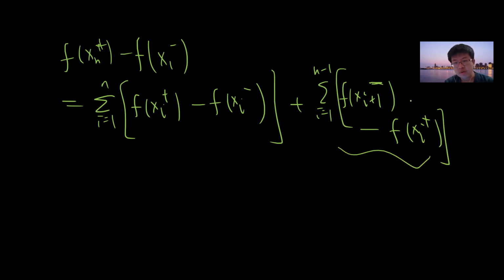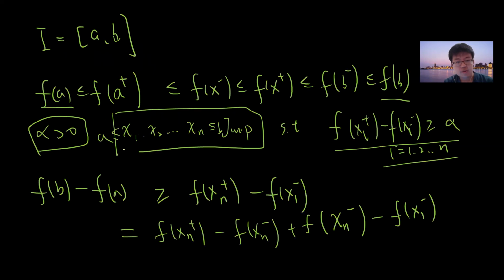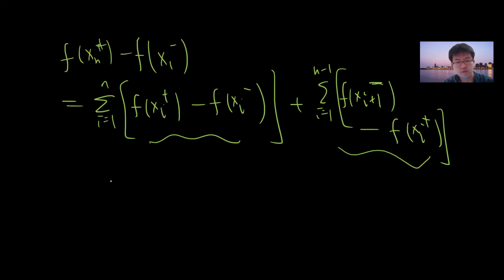And you don't care about this second term, because it is basically positive, by definition, since there is an order. So the first sum is greater or equal to n alpha, which tells you that n alpha is less or equal to f of b minus f of a.